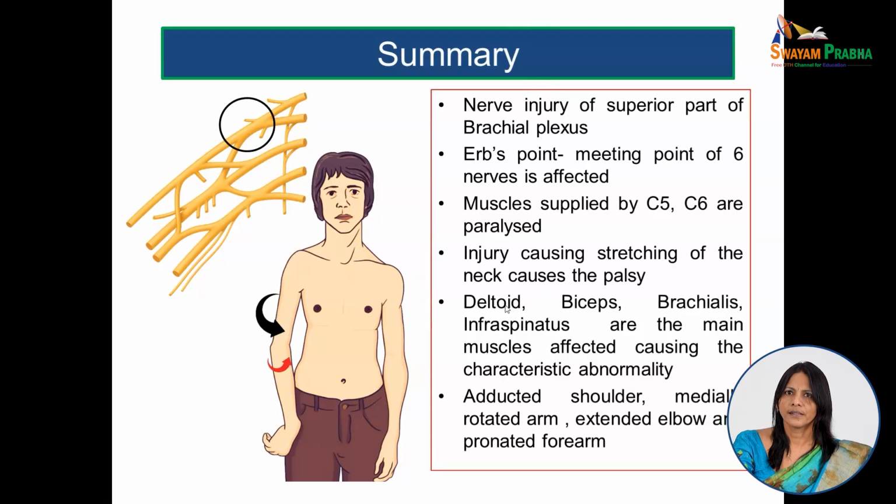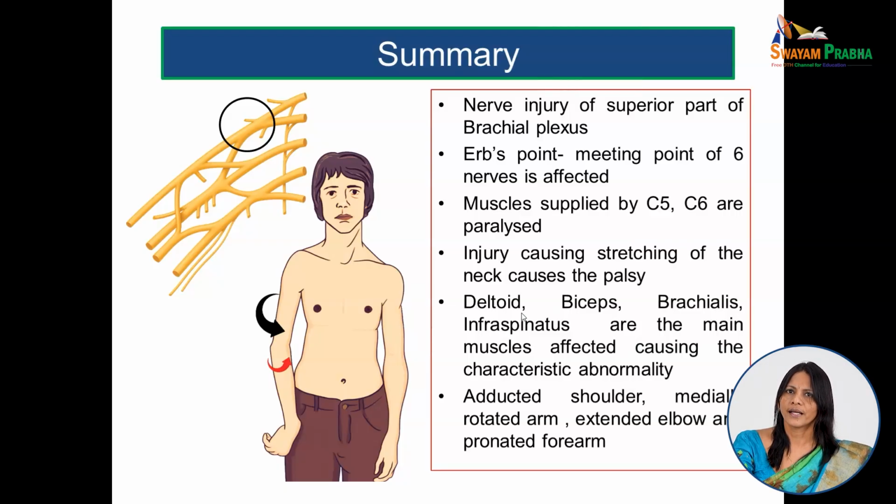The deltoid and the teres minor supplied by the axillary nerve are affected. The biceps and the brachialis supplied by the musculocutaneous nerve is affected. The infraspinatus and the supraspinatus supplied by the suprascapular nerve are also affected.